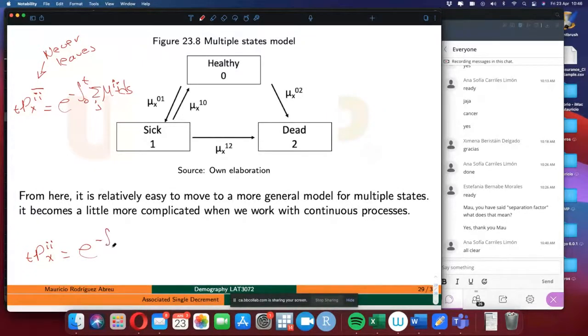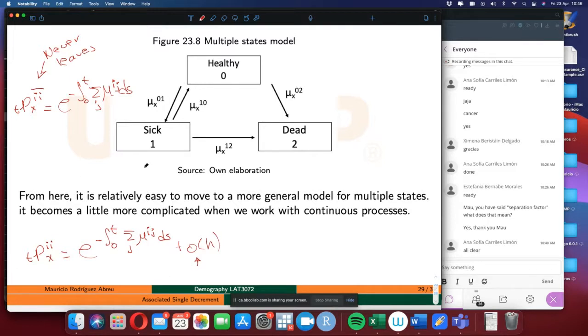So one option is that this person actually never left. That's fine. And we have some other option, which is just any function, where this is the probability of leaving and going back.